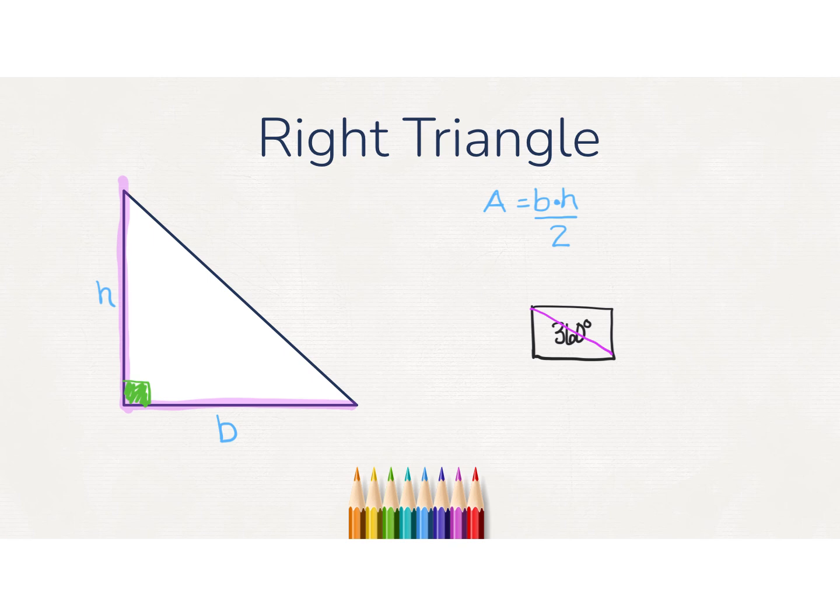It should make sense that to find out the sum of the interior angles of a triangle, you would take 360 and divide that by 2, which is going to give you 180 degrees. So the sum of the angles inside a triangle, any triangle, is equal to 180 degrees.